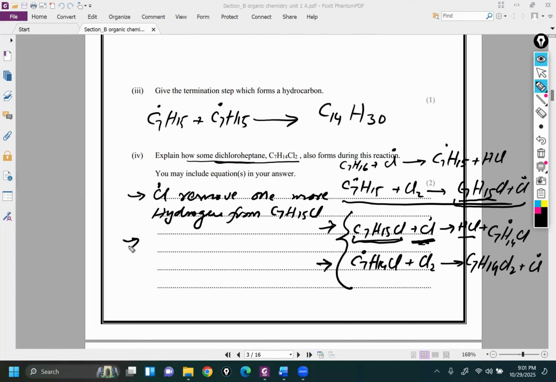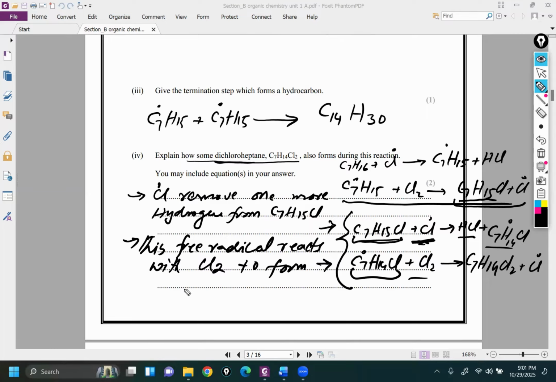And that free radical, like this free radical which came from here, the second one, reacts with Cl2 to form C7H14Cl2 dichloroheptane.